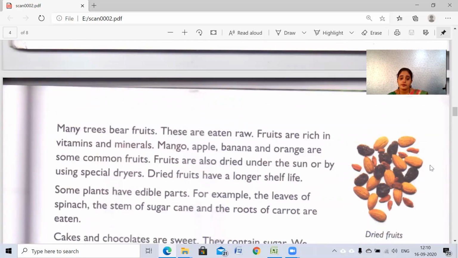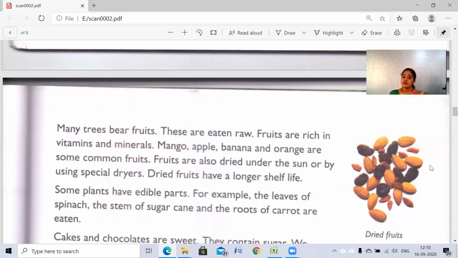Many trees bear fruits, is it? You have seen that. We like to eat fruits. These are eaten raw also, and some of the fruits are dried and eaten afterwards. Almond, cashew nut, is it? They are all dry fruits.